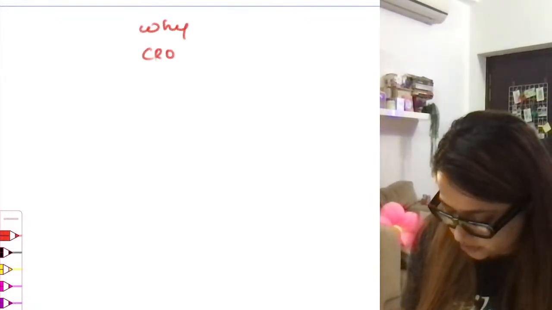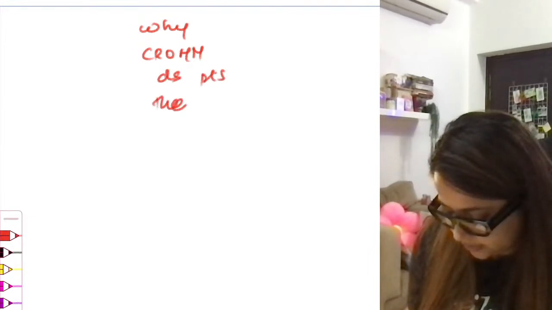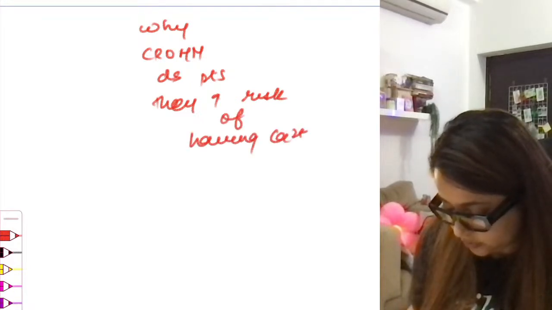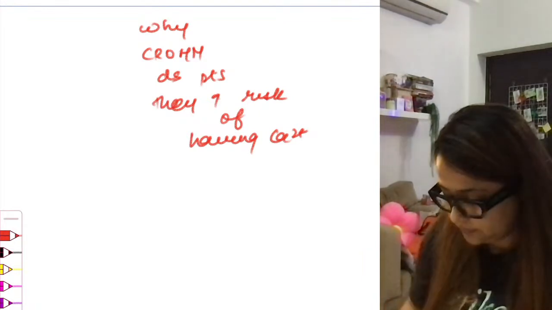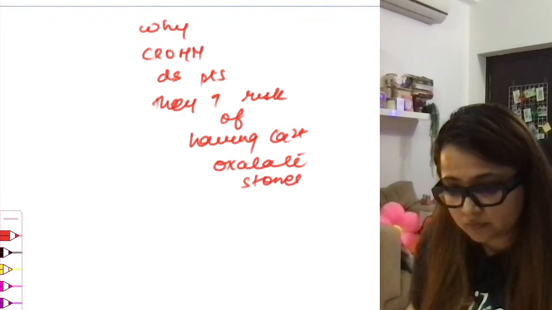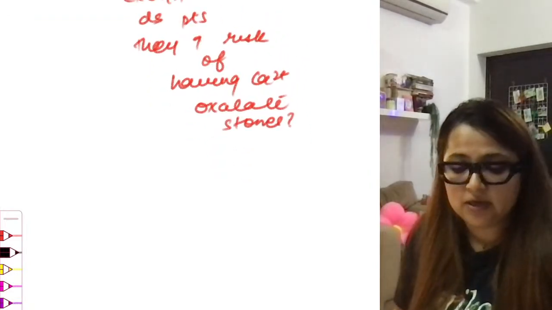Why are Crohn disease patients at increased risk of having calcium oxalate stones? So this is also a very important question. Calcium oxalate stones. What is the reason? Can anyone tell this?